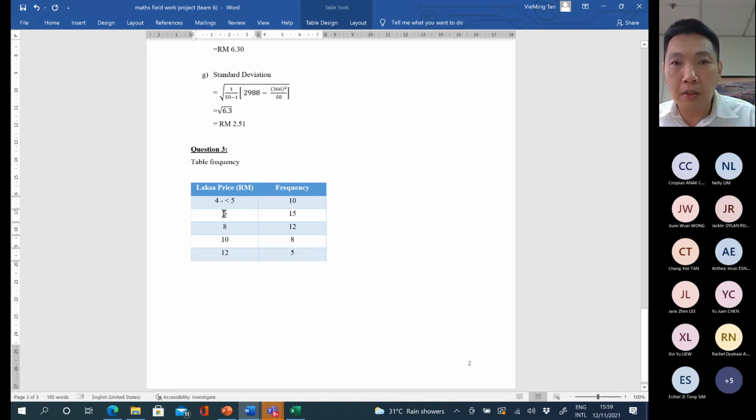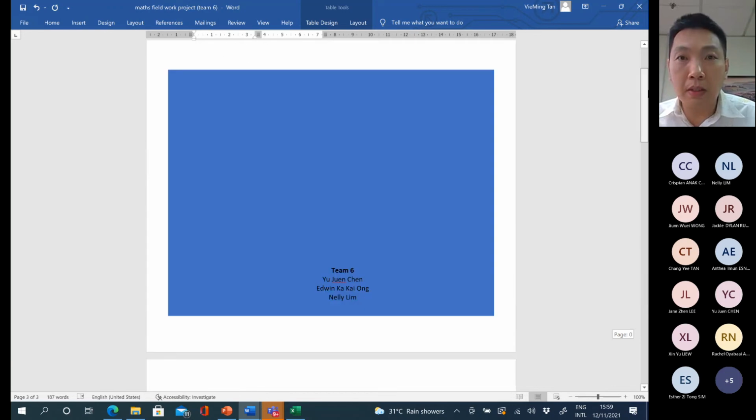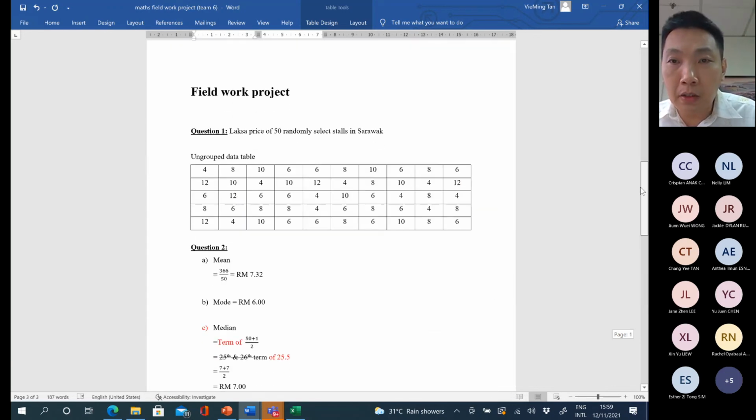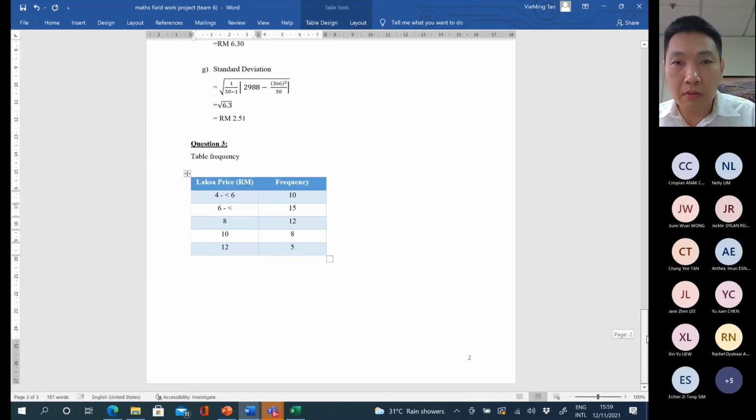Or maybe these are 4 less than 6, then 6 less than. Let me see what is your lowest number. Your lowest number is 4. The highest number is 12, huh? Because the class width for each class should be the same, huh?